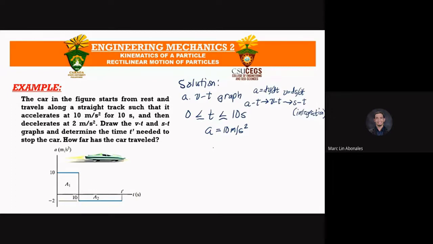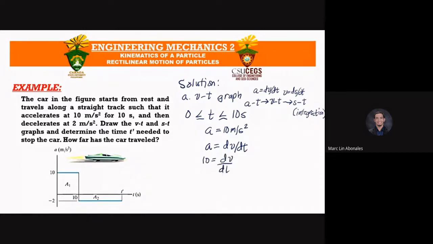So the kinematic equation would be a equal to dv over dt. You substitute the 10. So that will be 10 equal to dv over dt.